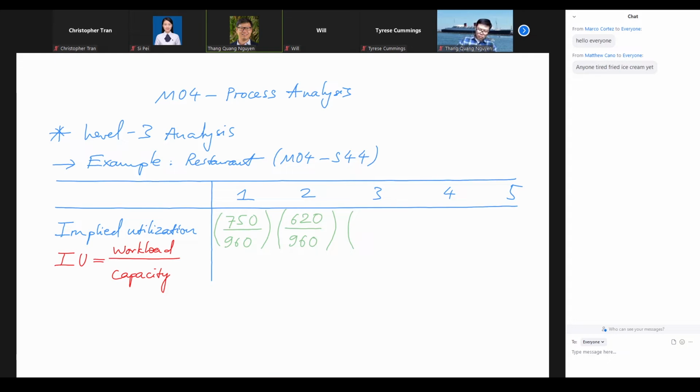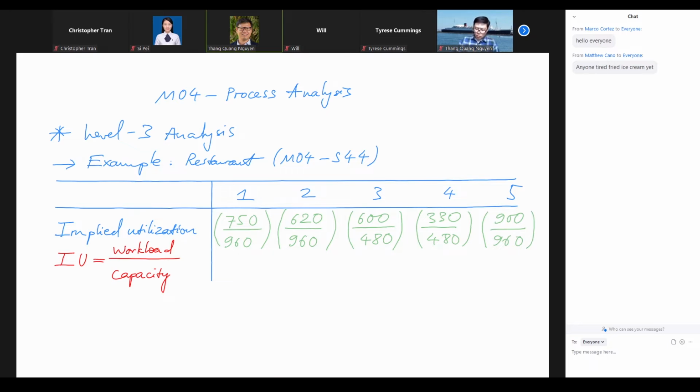We got both of these numbers from the previous work that we did last Wednesday, right? So the total workload divided by the capacity. And then at station 4, we will do 330 divided by 480. And at station 5, we do 900 divided by 960.